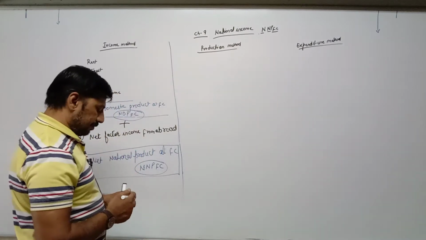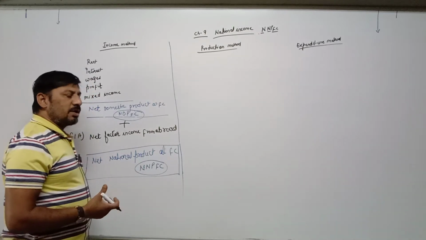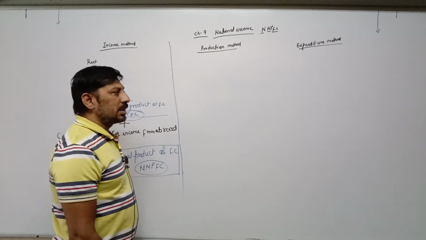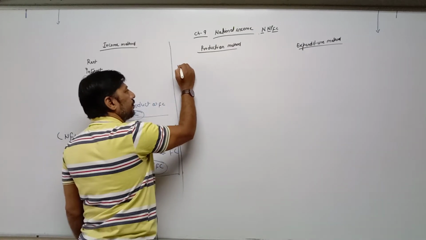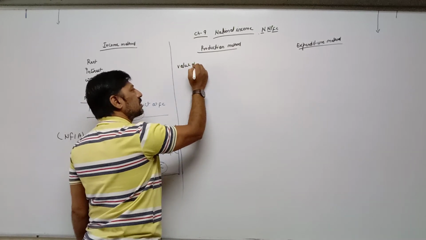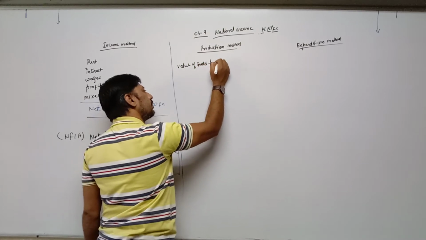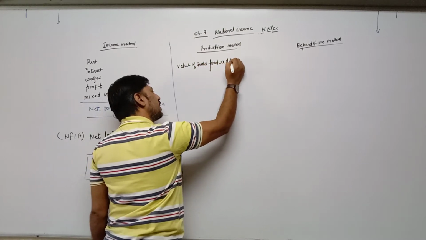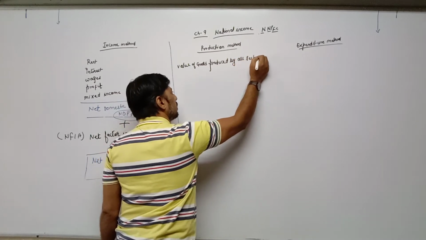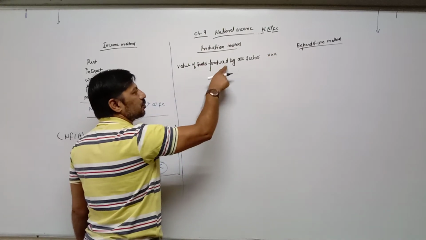Now the production method. In the production method, we take the monetary value of goods and services produced by all the three sectors. So in one line I am writing, otherwise you would have to write it three times: value of goods produced by all sectors.